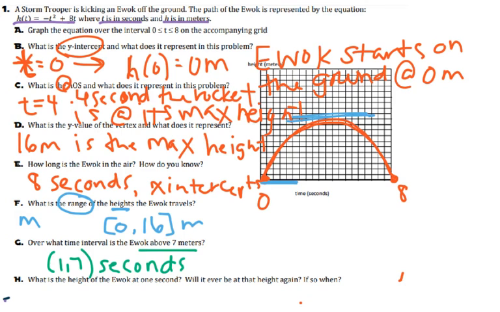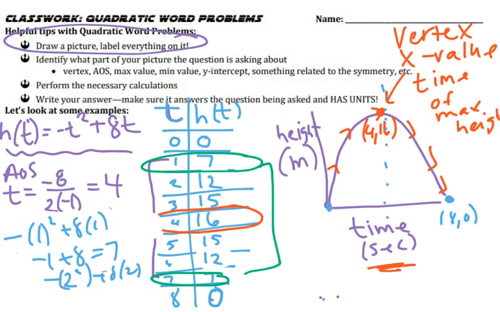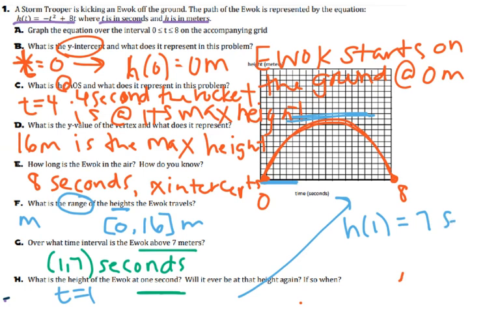And then part H, what is the height of the Ewok at 1 second? Will it ever be at that height again? So at 1 second, I'm going to do this work in blue over here because I'm out of space down there. That's really just asking us to plug in 1. So this is saying let t equal 1. When t equals 1, what do we get? Well, I'm going to cheat because we already did this work on the other page. When t equals 1, the height is 7 meters.